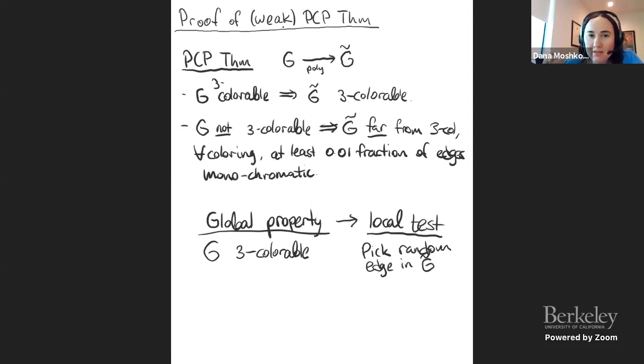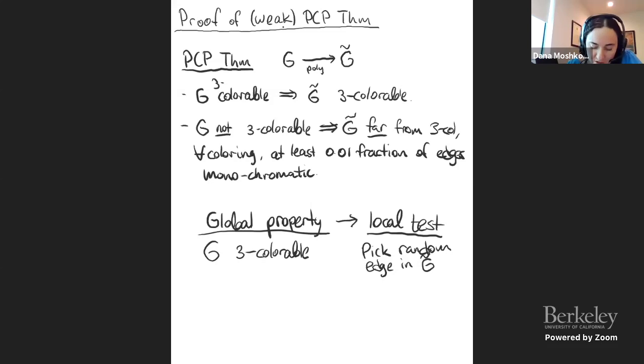Now, there are many different formulations of the PCP theorem, many different PCP theorems, and different PCP theorems consider different global properties and also different local tests. And accordingly, they achieve different parameters. So we can start with talking about the global property.